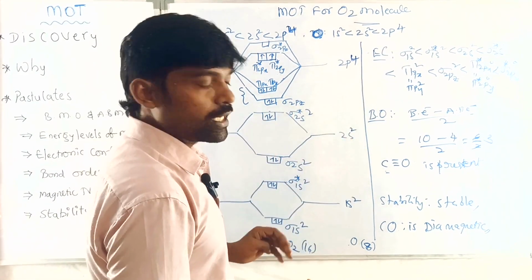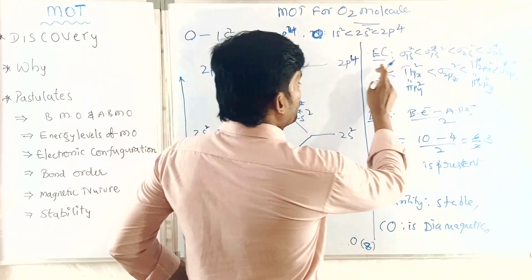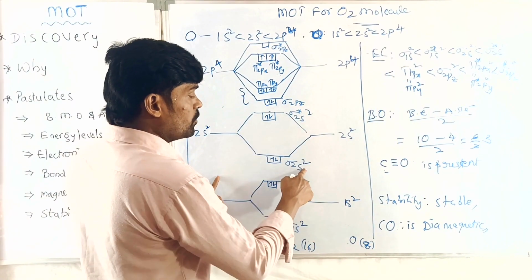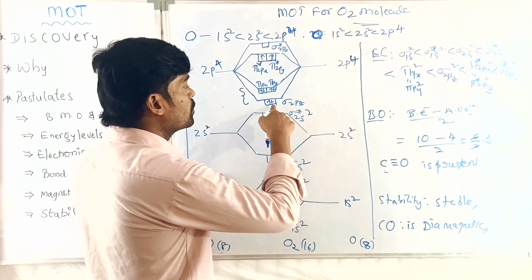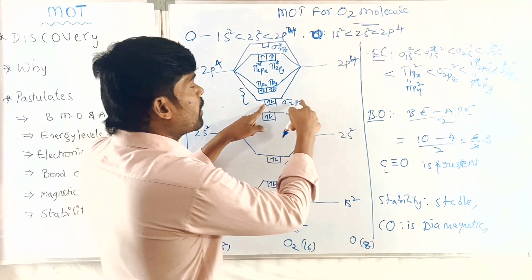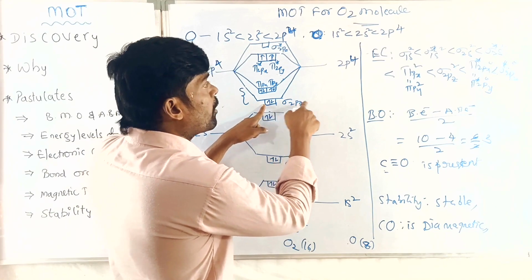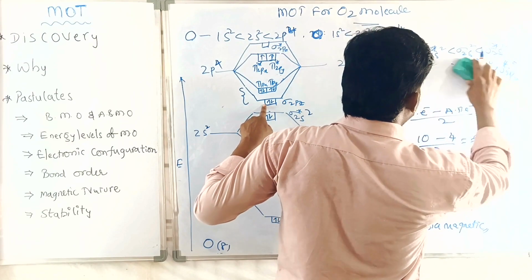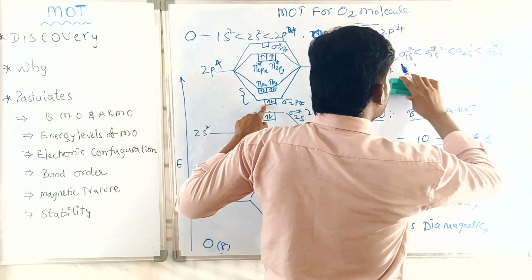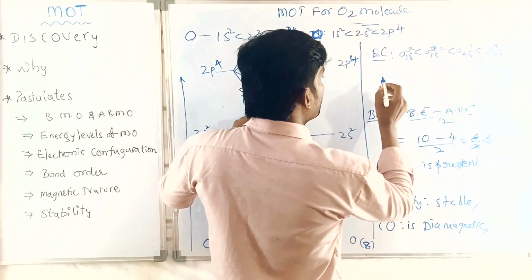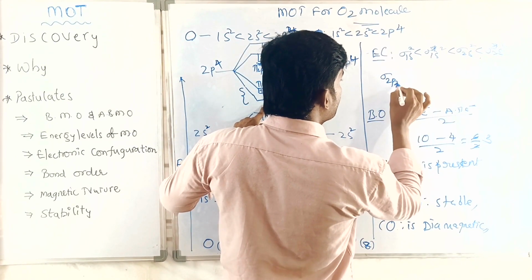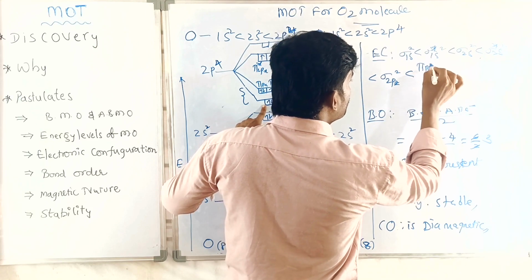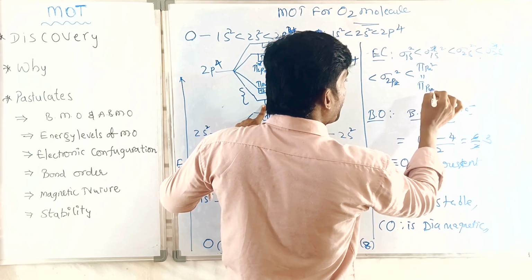Now let's check the electronic configuration. Electronic configuration: sigma 1s2 less than sigma star 1s2, sigma 2s2 less than sigma star 2s2. Then here a little change will be there. Let's check, only the changes I'm telling: sigma 2pz2 less than pi px2 equals pi py2.